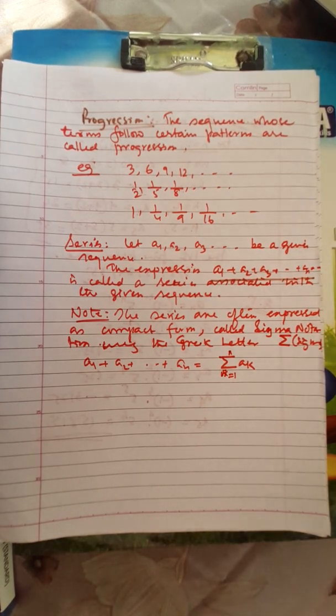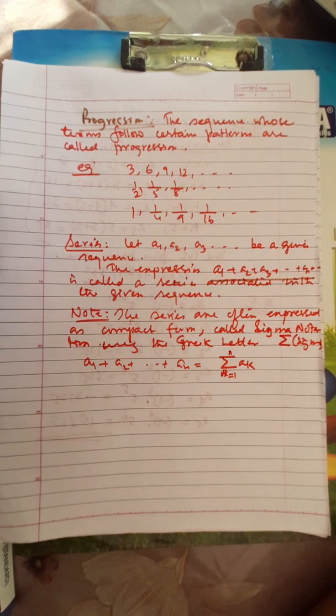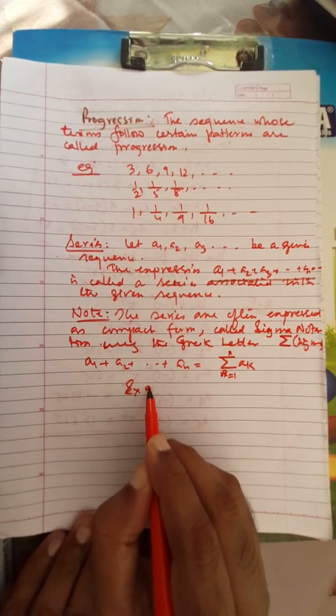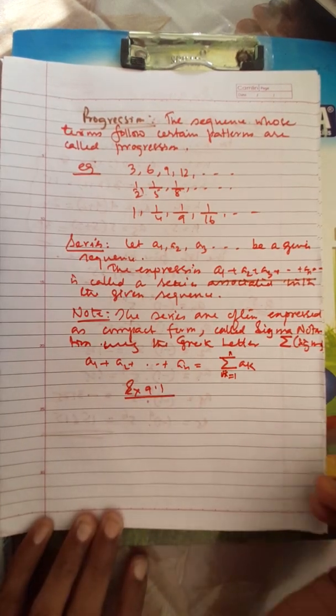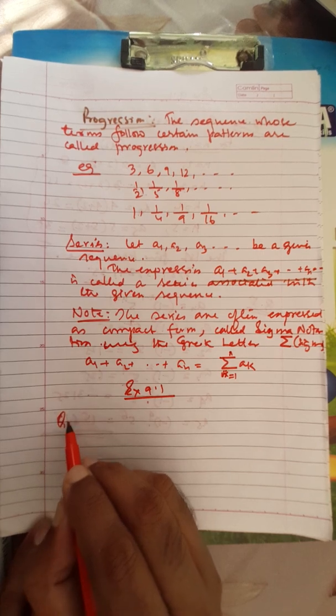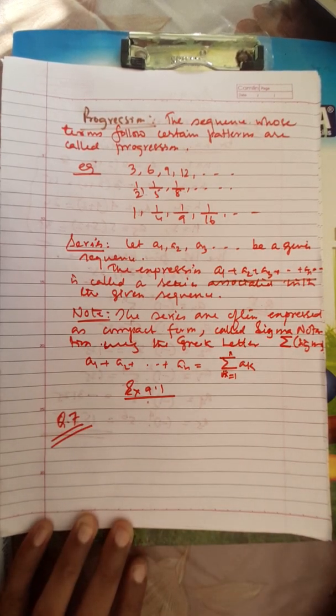Let's see some questions of Exercise 9.1. Question number 7. What is given? Find the indicated terms in each of the following.